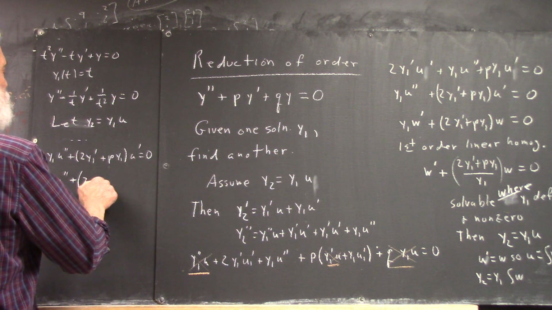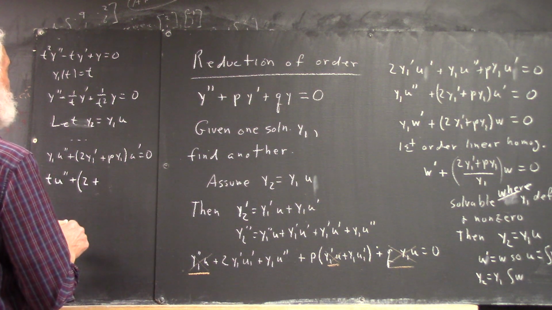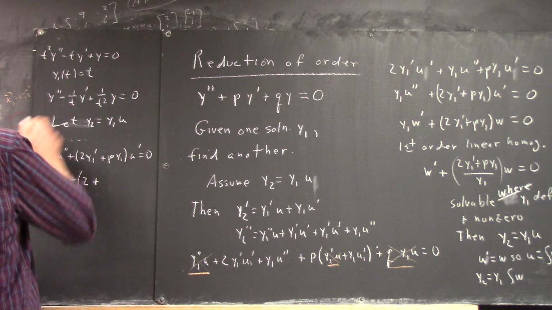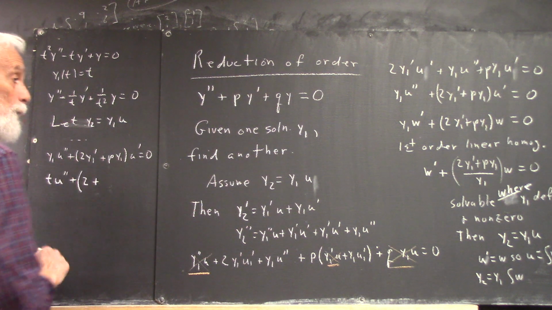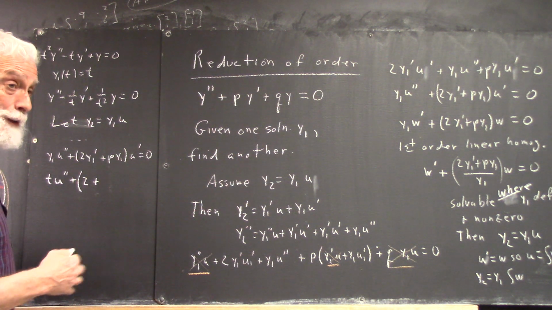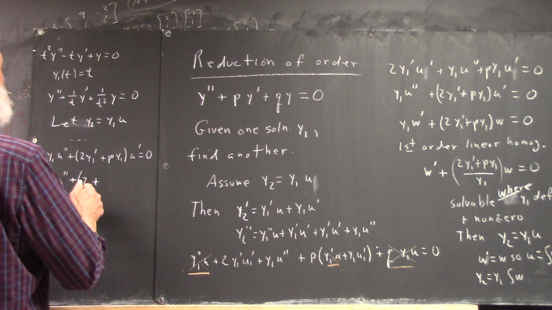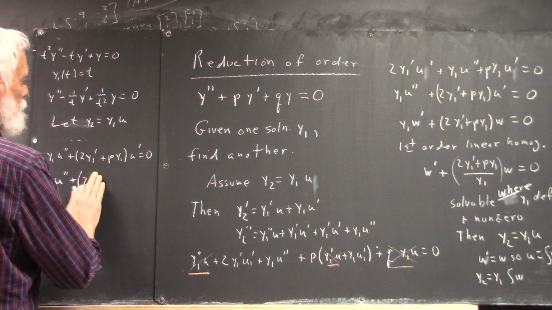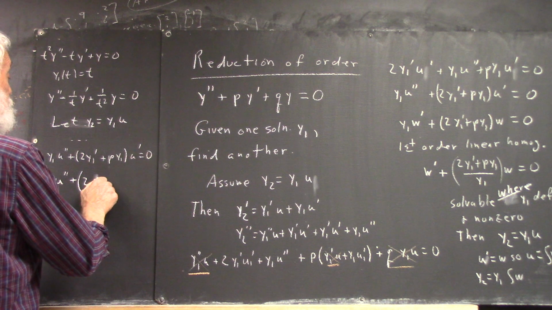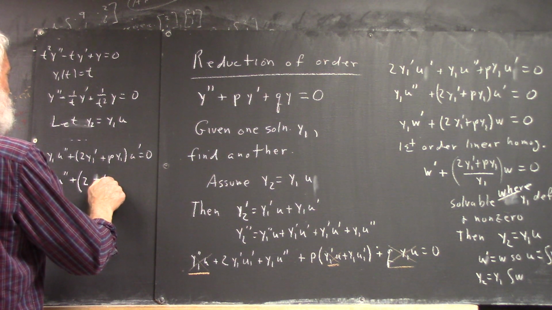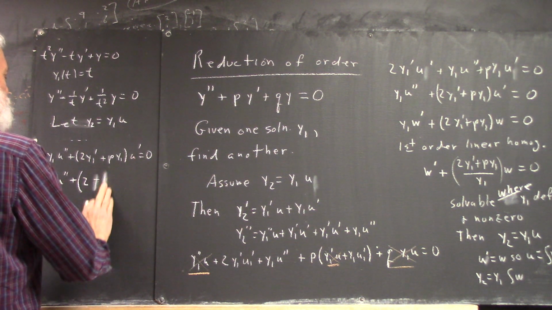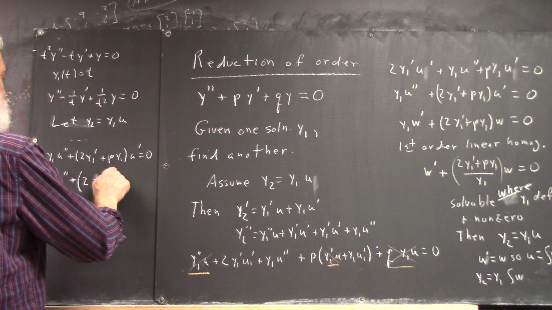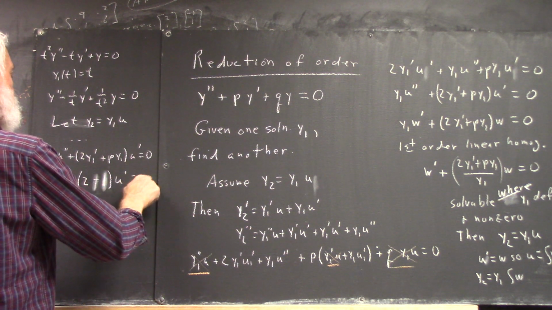Okay, anyhow. Then we have plus p y1. Well, p is negative 1 over t, and y1 is t. So I put a plus there, but it's negative t. Negative 1. Okay?